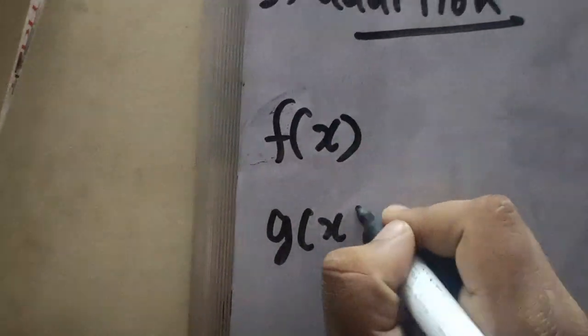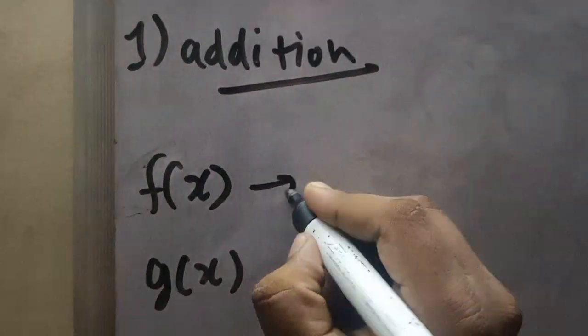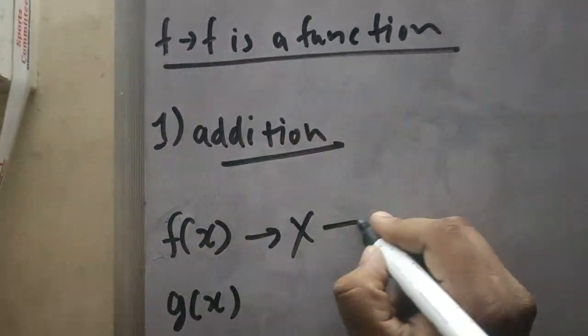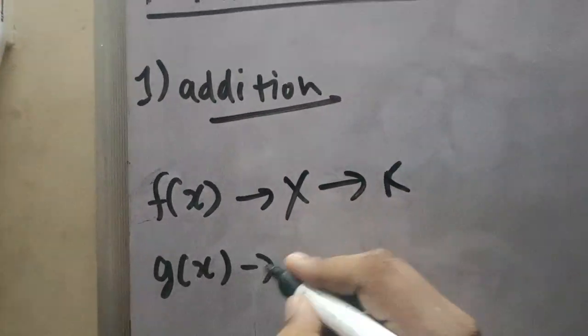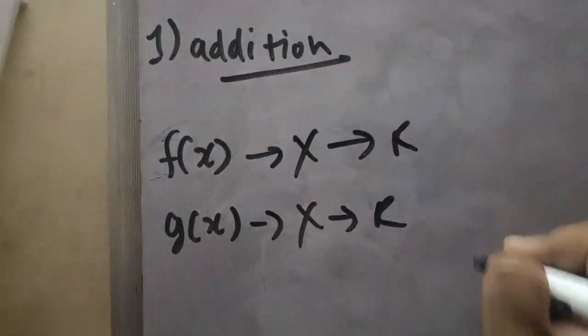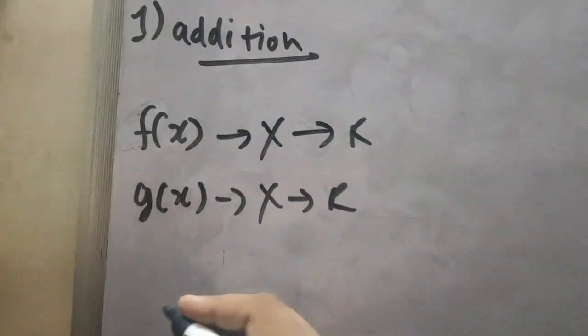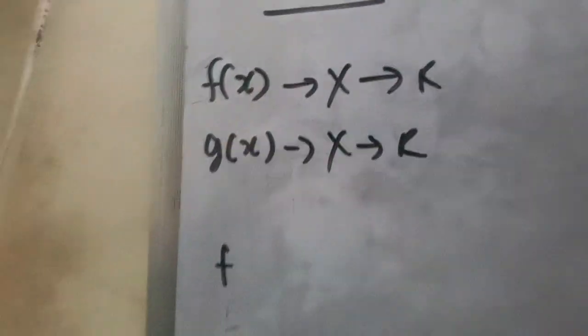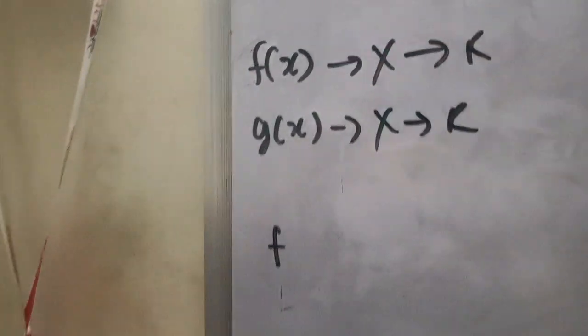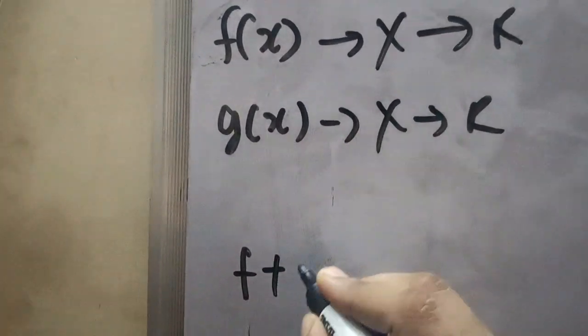Here I'm going to take f(x) and g(x). So f maps X to R, and g maps X to R. Now let's see what will happen if we add these two, f plus g.